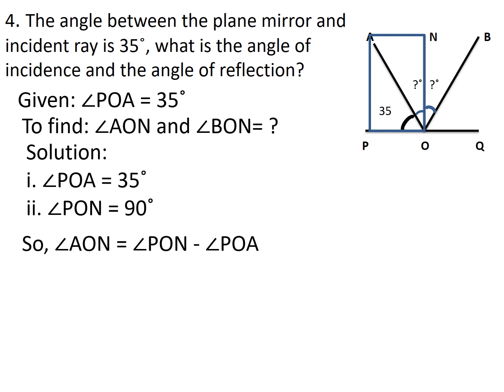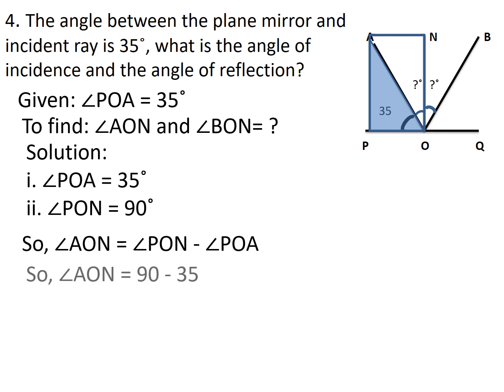Now from this 90, if I subtract this 35 that I know, I will get AON. So from that entire PON that you have, if I subtract the part of it which I know, that is POA, I will get AON. That is what I've written. Angle AON is equal to angle PON minus POA.